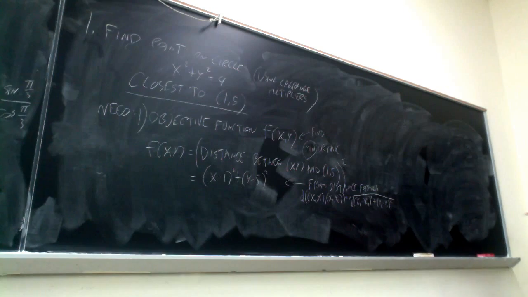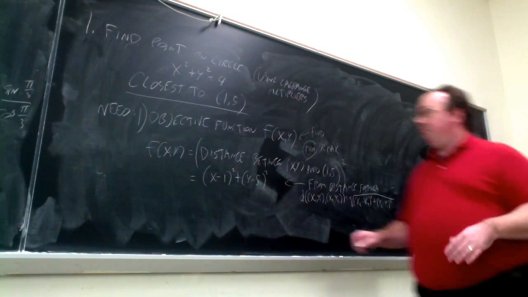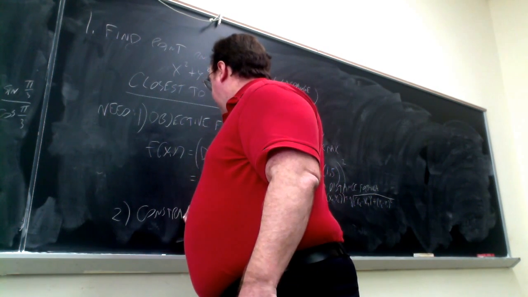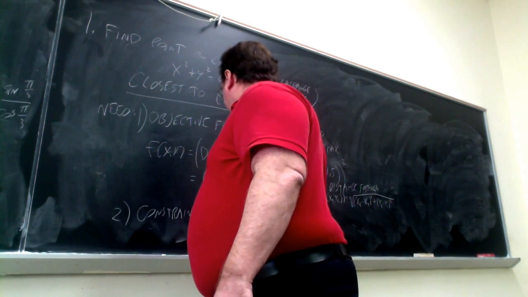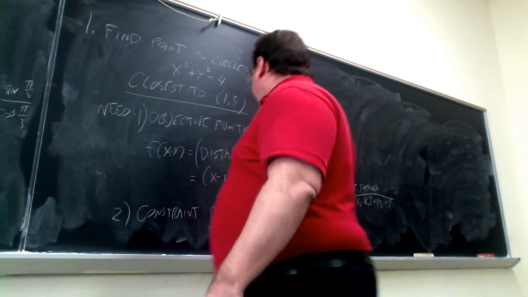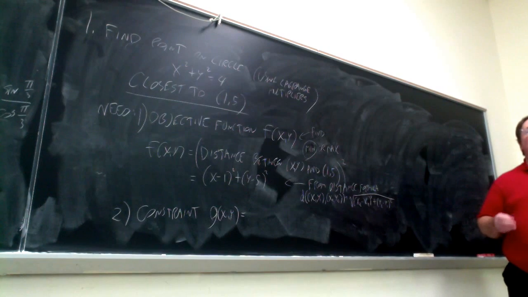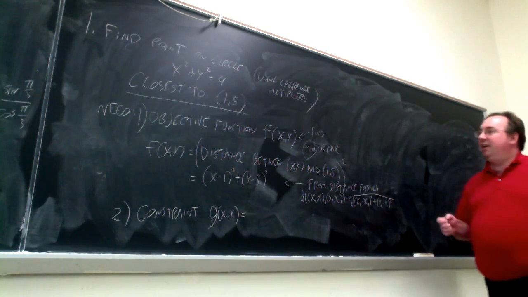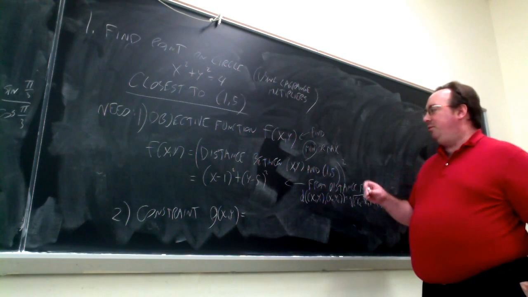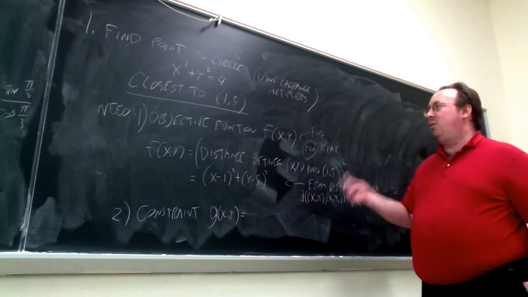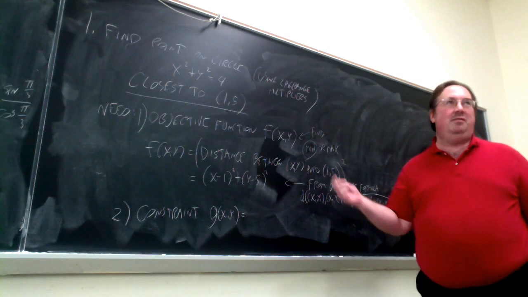So that's one item you need to set up this problem. The other item is the constraint, a function g of x, y, which is something that limits the choices of x and y. And we write it in the form g of x, y equals 0, so we want to have everything on one side. Because if we had no constraint at all, obviously the point that's closest to 1, 5 is 1, 5, and then we'd be done.